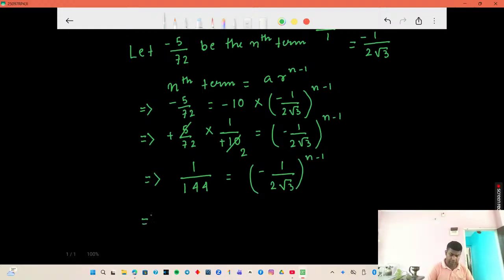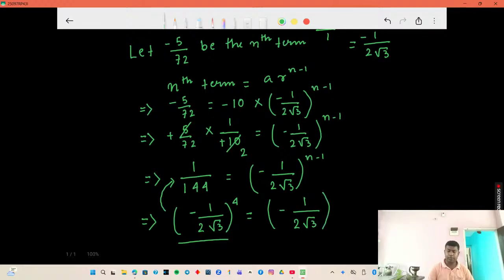Now, the value of 1 by 144 will be minus 1 by 2 root 3 whole to the power 4. If you calculate minus 1 by 2 root 3 whole to the power 4, then you will get the answer 1 by 144. Is it clear? So it is equal to minus 1 by 2 root 3 whole to the power n minus 1.